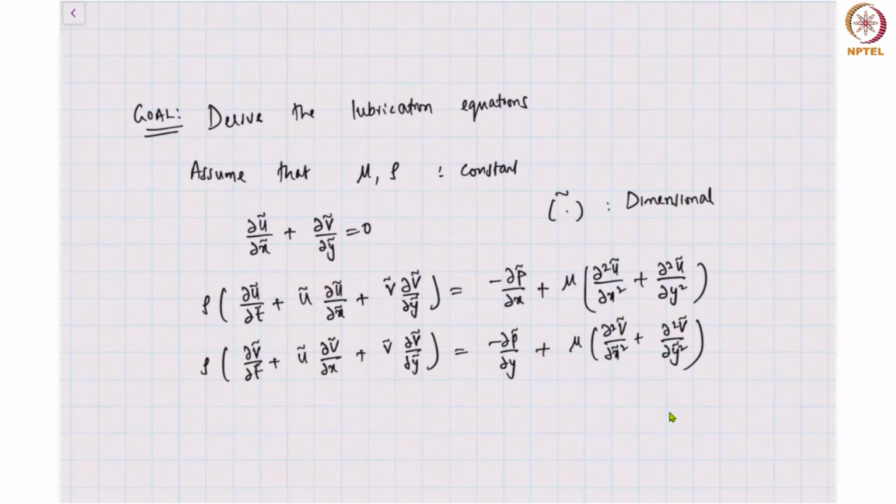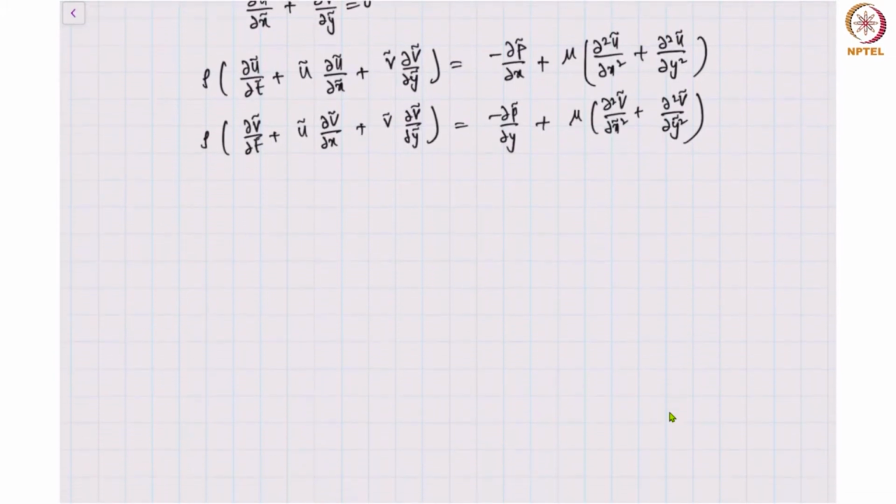Right? Now, the first step is we will non-dimensionalize this problem. To non-dimensionalize it, we will pick a bunch of characteristic scales. So what are the relevant characteristic scales? In the horizontal, L is the horizontal scale.